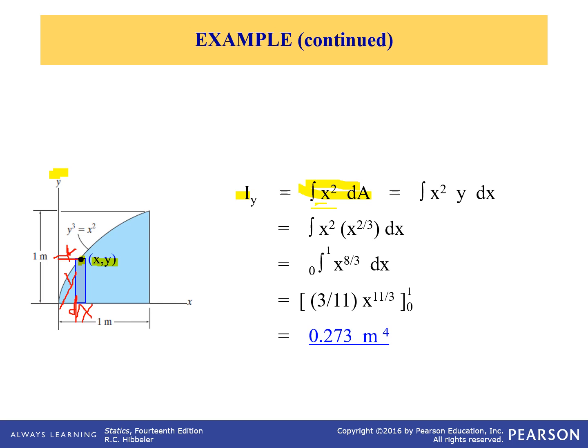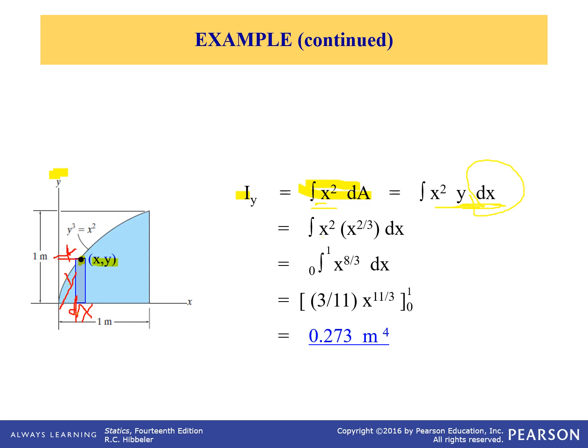And dA is given by y times dx, so we replace the dA term with y times dx. Since we're going to integrate over the x-axis because we have dx, all the terms need to be expressed in terms of x.